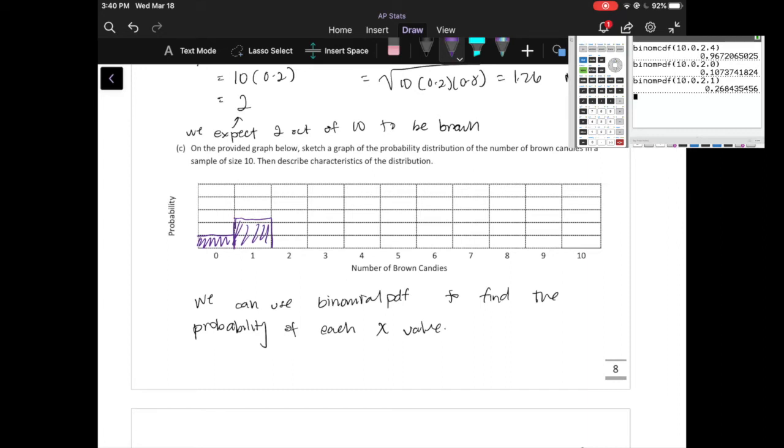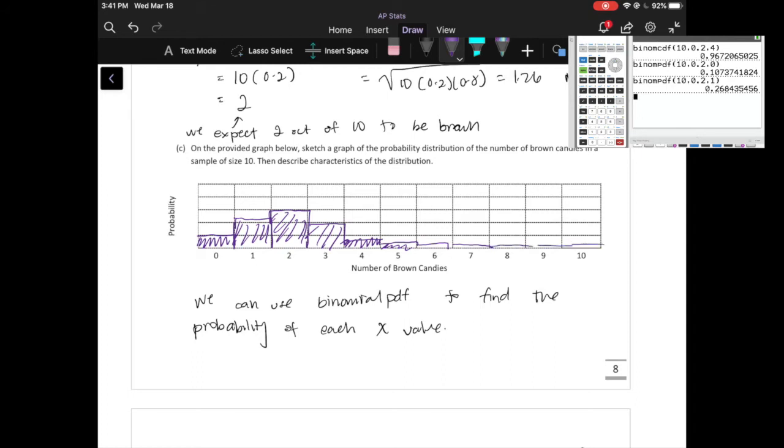For 2, it's at 30, or roughly 30. For 3, it's at 20. For 4, it's just under 10. For 5, it is 3. We just figured that out. And then as we keep going down, it just gets less and less and less.